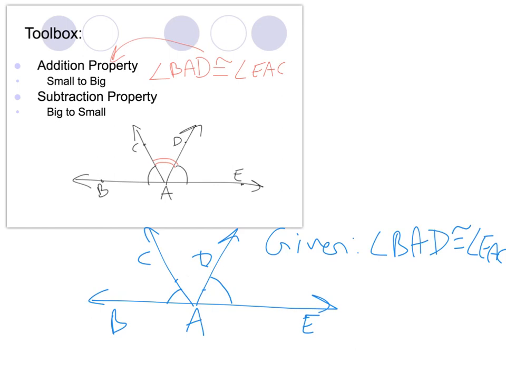I did. Do I have two new congruent angles? I do. So with subtraction, I can get angle CAB congruent to angle DAE. I'm subtracting out angle CAD there from both of them, resulting in two new ones.